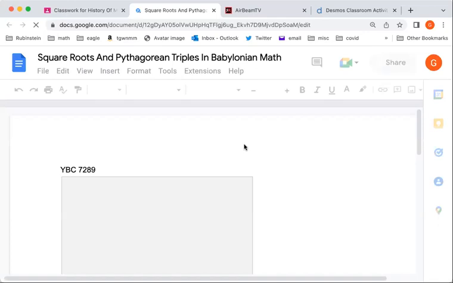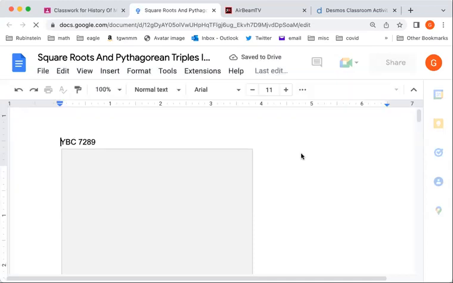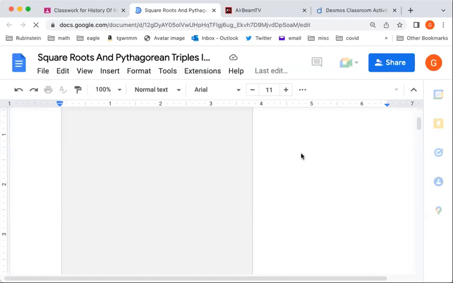So YBC 7289, the round one. A little slow in coming up. Hopefully on your computer, when you bring this up, you're able to see it. I think it's just loading.